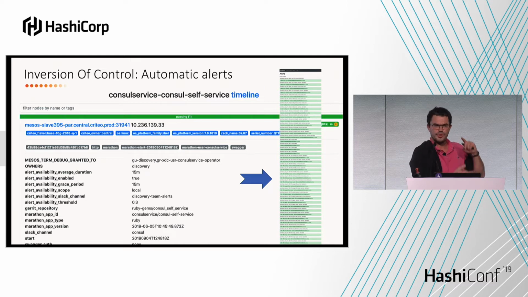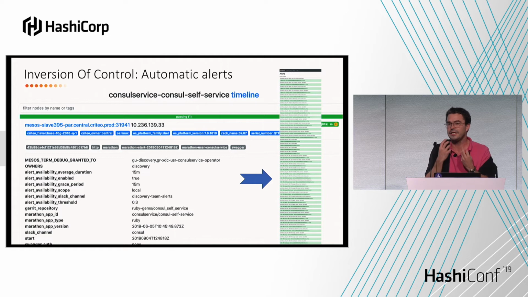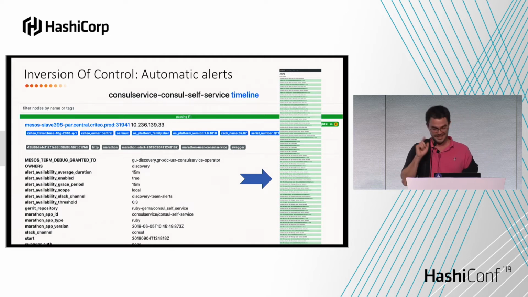They can say, oh, I want to be paged on Slack during the day, and I want another team to be paged during the night if it fails, and so on and so on. So it's very efficient. With this, we've created more than 4,000 alerts for all of Criteo. So we've got 100% coverage. Who has 100% coverage on this service here? That's really, really interesting. Ah, yeah, Datadog, cheater.